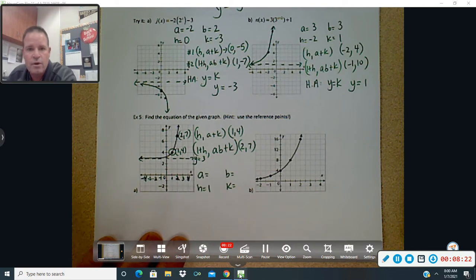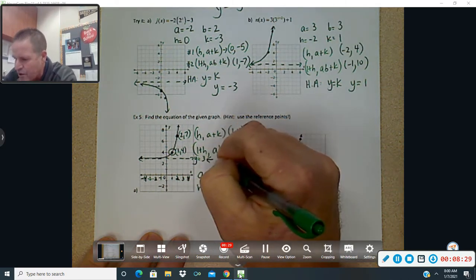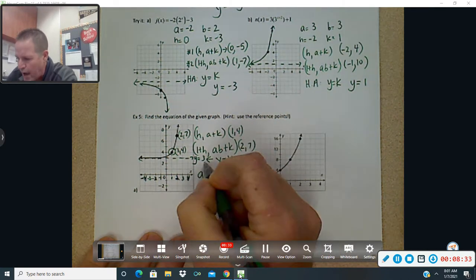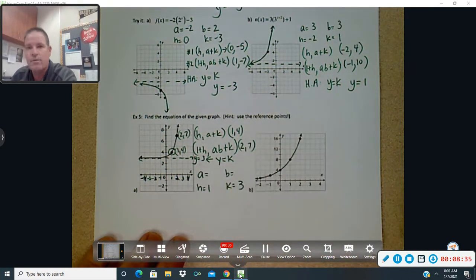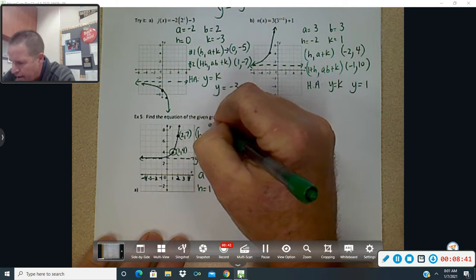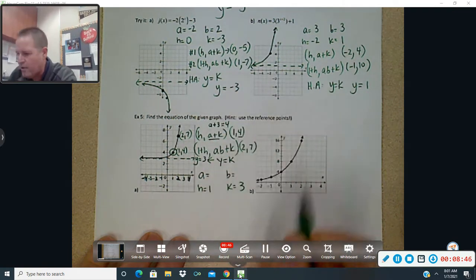Now the next one you're going to want to find is actually going to be k. And the reason why you want to find k next is because your asymptote is y equals k. So if it's y equals 3, your k is 3. Okay, now how does that help me? Well, a + k, a + 3, should equal 4. This part should equal that.